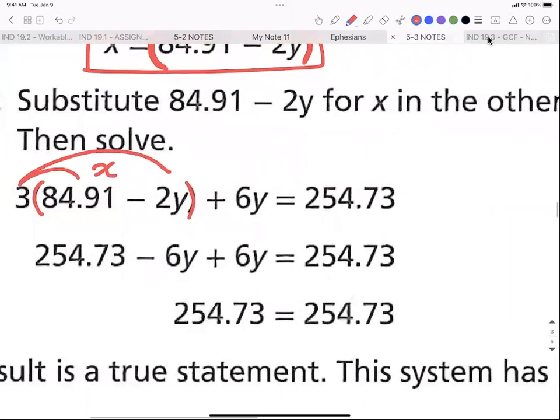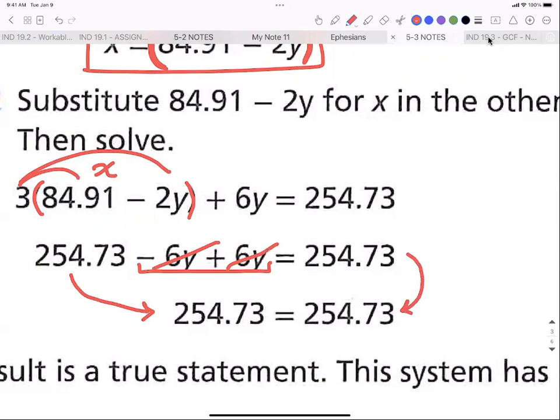Now, if I want to combine like terms, what is 6y minus 6y? What's 6 apples minus 6 apples? How many apples do you have left? 0. They zero out again. What are you left with? This 254.73 drops down, this 254.73 drops down.